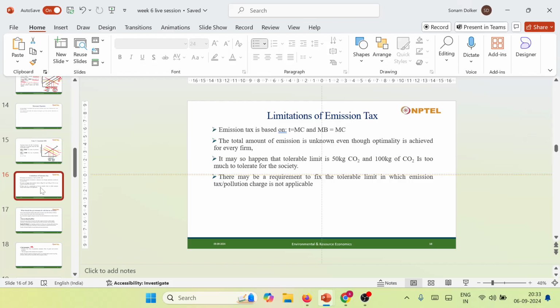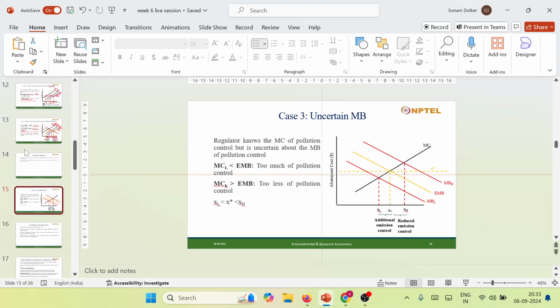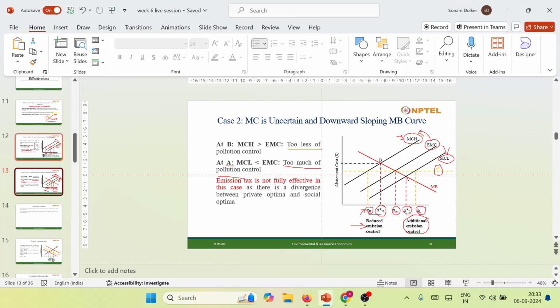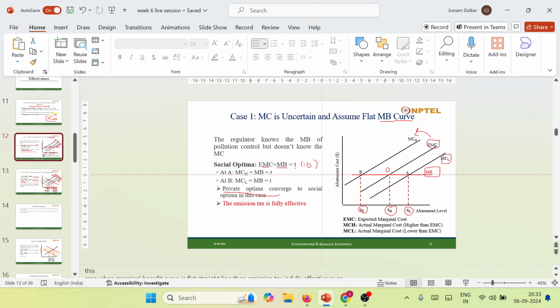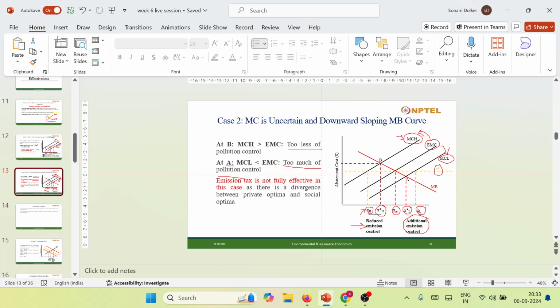emission tax, the flatter the MB curve, more efficient will be the system. So when the MC is uncertain and MB, marginal benefit, is flat, then the emission tax system is fully effective. However, when the MB curve is downward sloping, then the emission tax system is not fully effective.